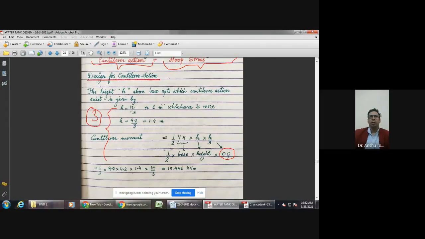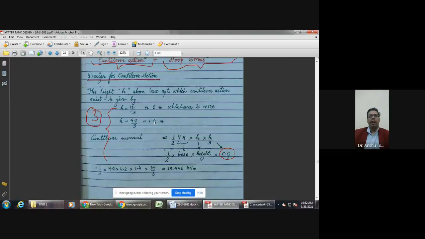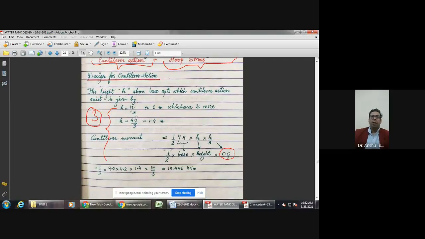Because we are taking either H or H by 3. This height is going to be evaluated from here. So whichever is more, if H by 3 is greater, then H by 3 is going to be taken, otherwise 1 meter, whichever is higher.